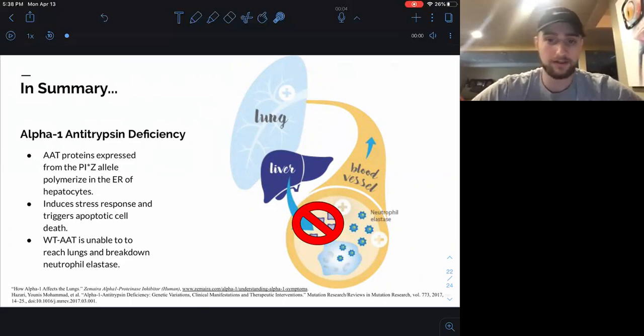Therefore, as seen in this picture to the right, elastin in the lungs is actively broken down, and this leads to lung damage and disease because after expansion and contraction, the lungs are not able to recoil. AATD is the major known genetic risk factor for lung disease and a prominent genetic risk factor for liver disease. It can be diagnosed through blood and genetic testing. And next.